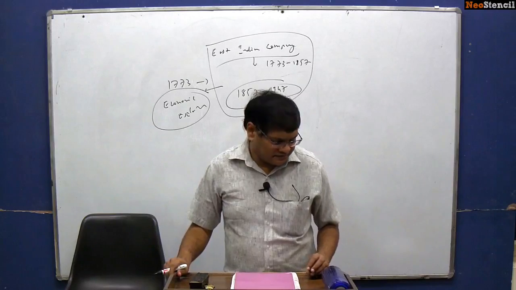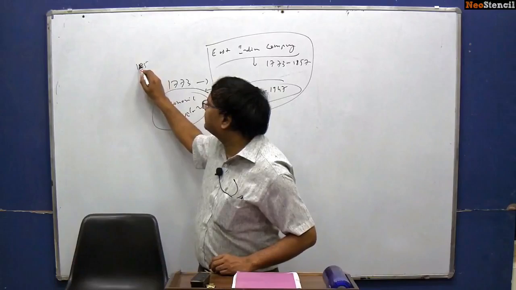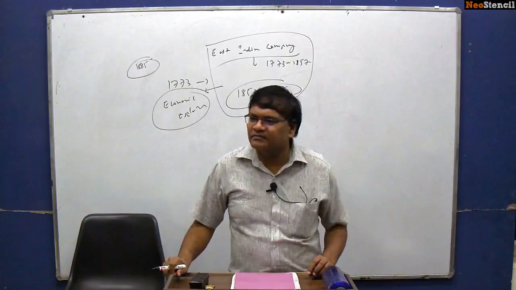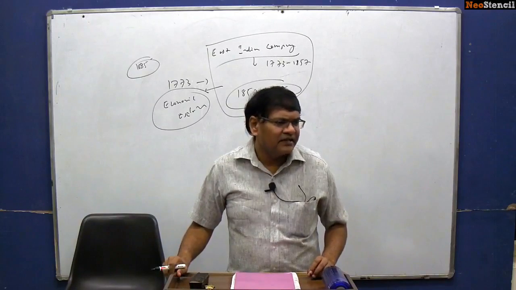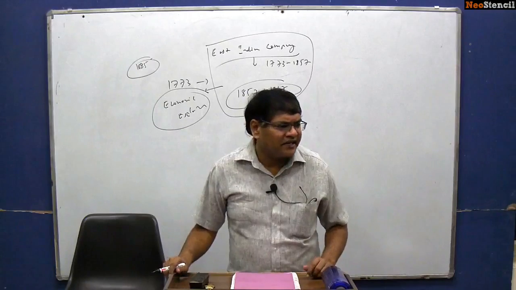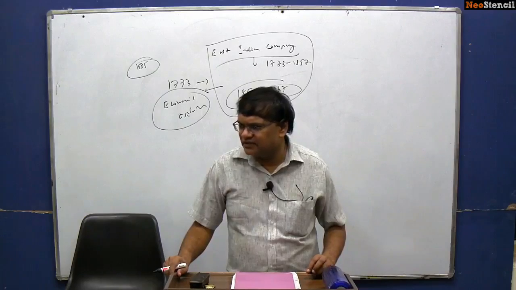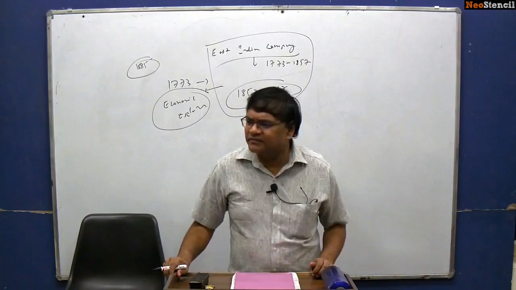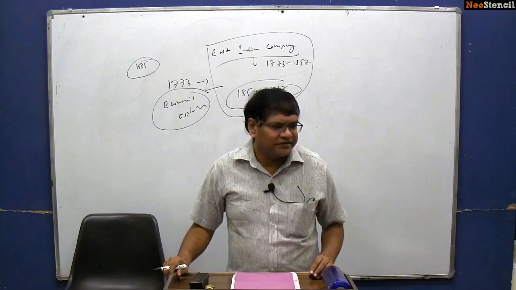And as I said, after 1857, in 1885, Indian National Congress was formed, demanding more share in governance, more participation in governance for the Indians. That is the reason why, in order to satisfy the demands of this Indian National Congress, as you know, till Mahatma Gandhi entered the picture, Indian National Congress was dominated by moderates.